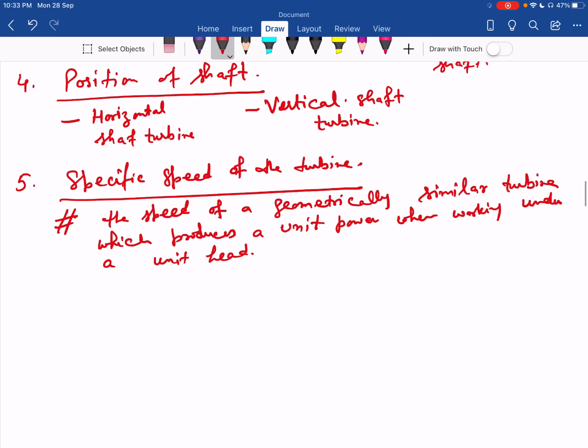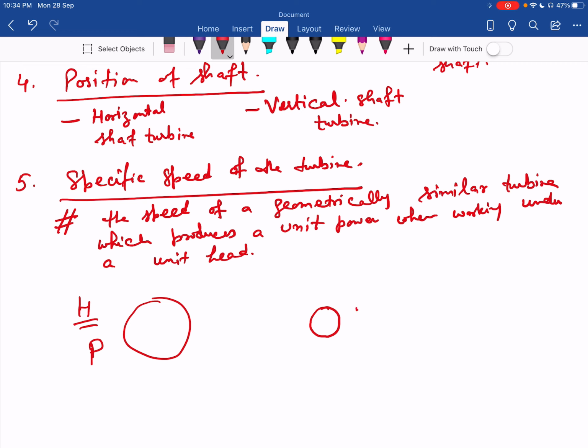Now its meaning is, say you have this actual turbine working under head H and producing some power, say P. Now we manufactured its one model, that model is geometrically similar.